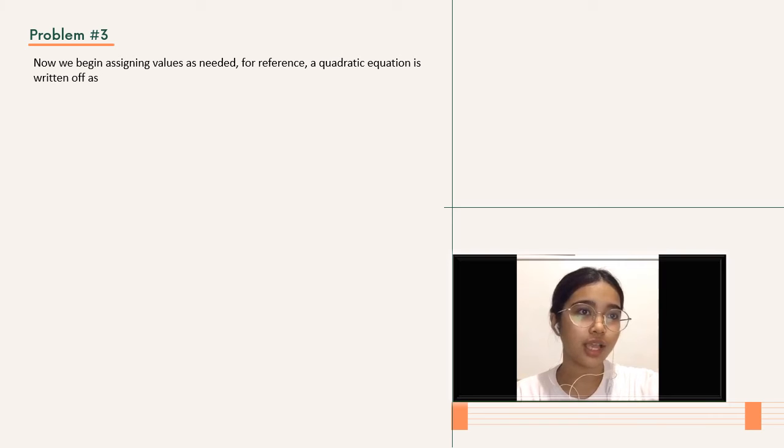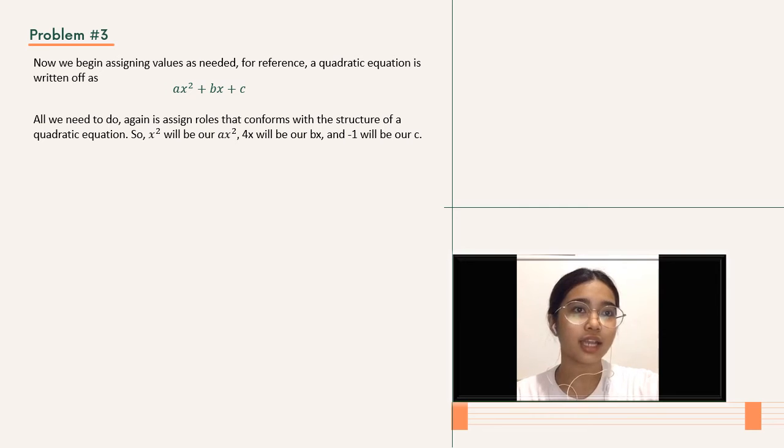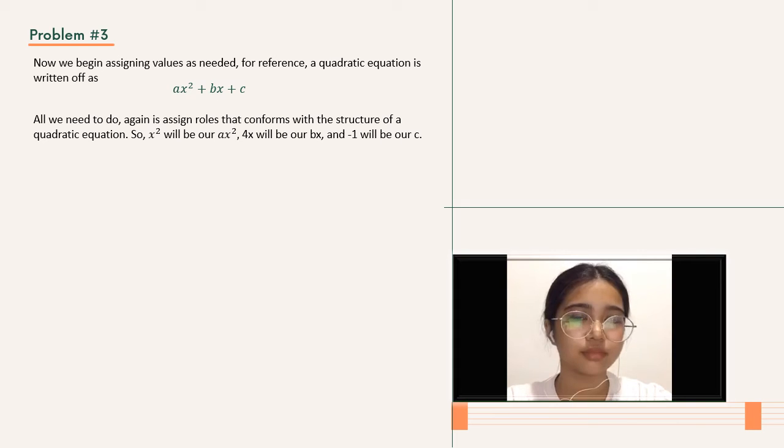For reference, a quadratic equation is written as ax squared plus bx plus c. All we need to do, again, is assign values that conform with the structure of a quadratic equation.